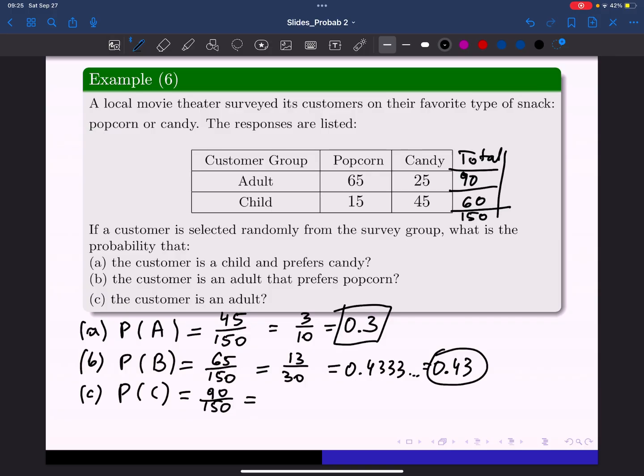We can divide by 10, which gives 9 out of 15, and divide by 3, which gives 3 out of 5, and this is 0.6. So almost 60% of the adults were surveyed out of 150.